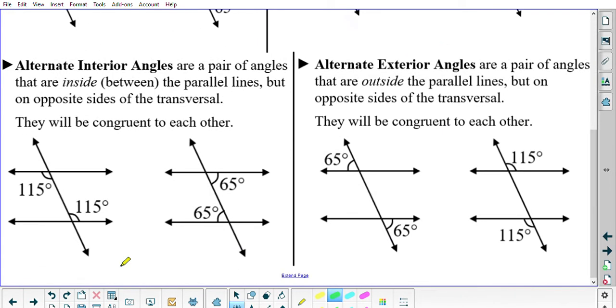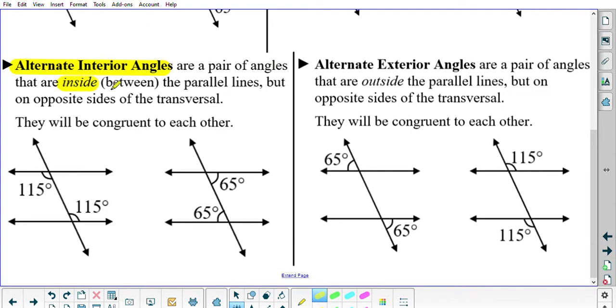And the other kinds of angles we need to talk about that also show up when you have 2 parallel lines intersected by a transversal are alternate interior angles and alternate exterior angles. Alternate interior angles are a pair of angles that are inside. See, the word interior means inside.